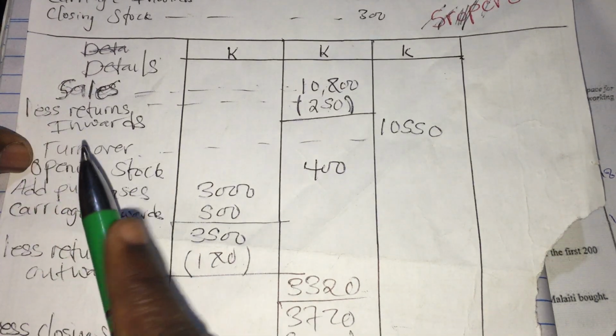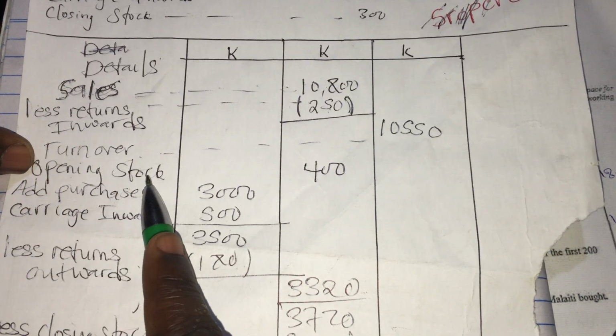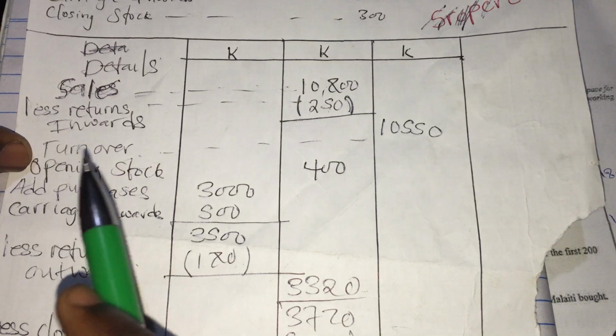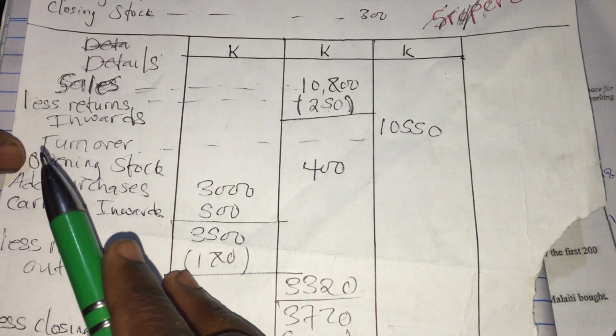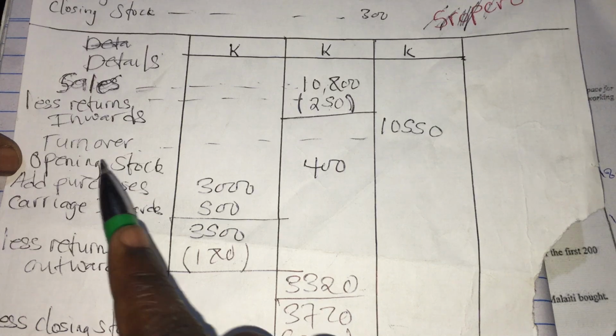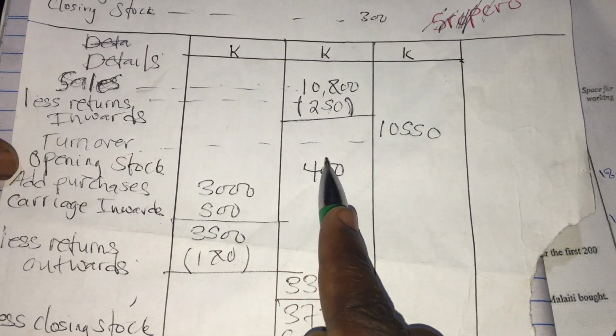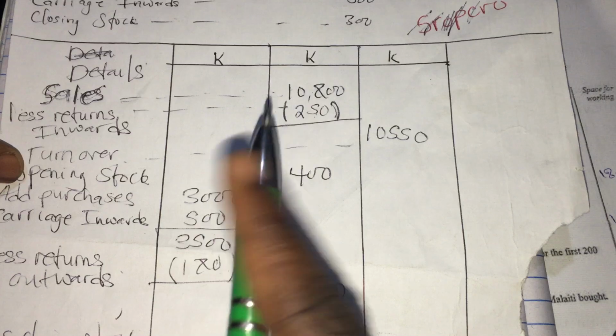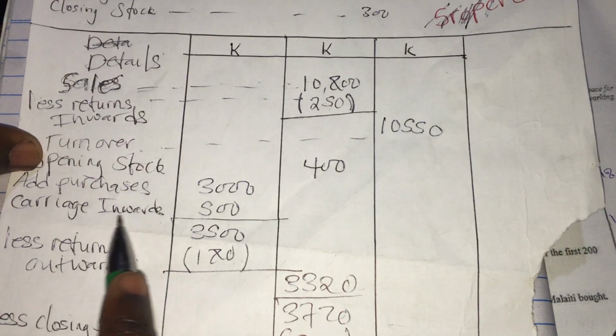So now here, opening stock. Let us assume that opening stock is very much available. Then here, let us assume that there was no carriage inwards.